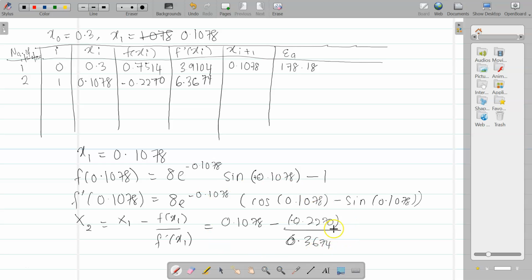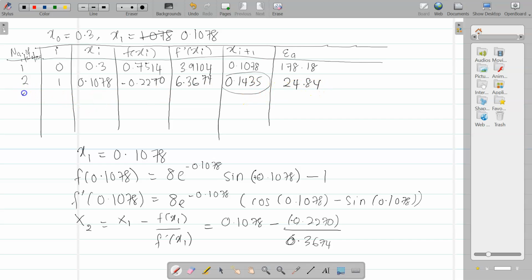When we compute this, we get the answer 0.1535, and then you can compute epsilon a, you will get 24.84. How to compute this epsilon a? This solution minus the previous one, divided by the current solution, times 100%.